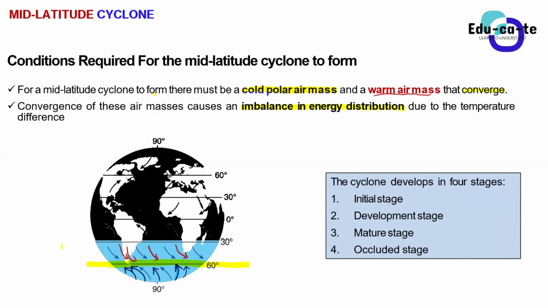Here we're having warm air, which is the warm westerlies from the 30 degrees line of latitude, this warm air mass, okay? And then we're having the cold polar easterlies from the 90 degrees line of latitude, this cold polar easterlies. So now there's an imbalance of energy distribution because some of the air is warm, some of the air is cold. So there is a difference in the energy distribution.